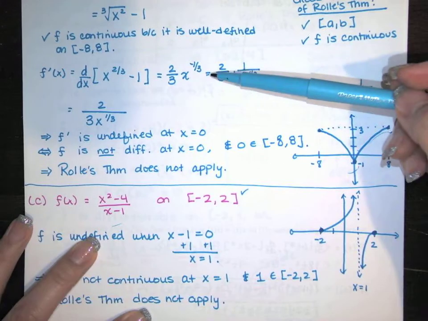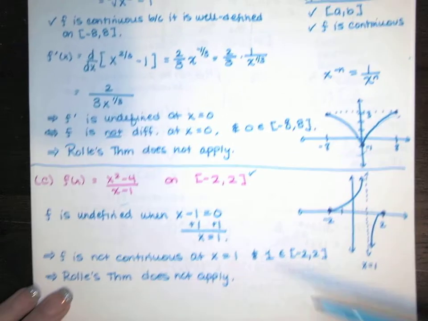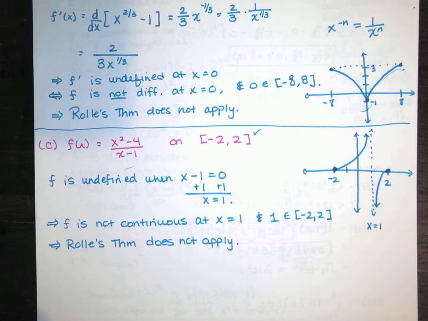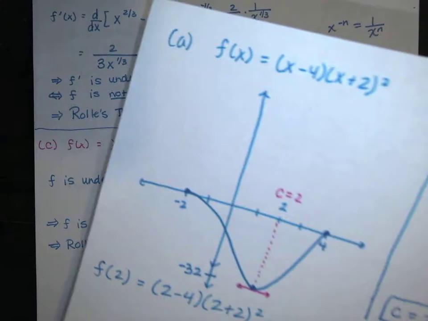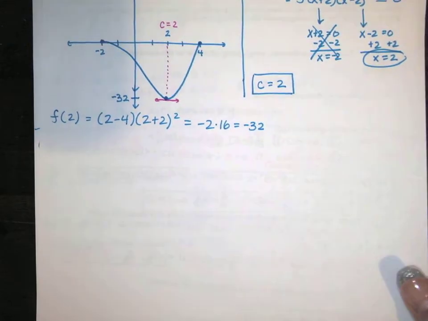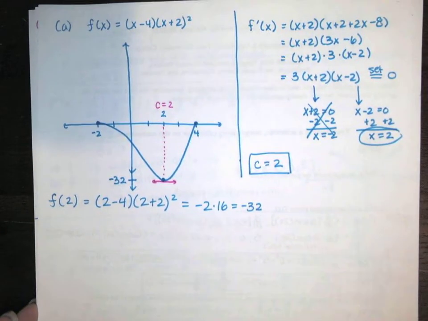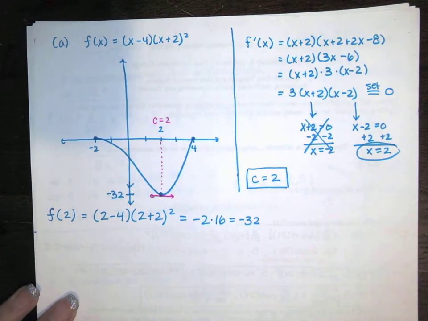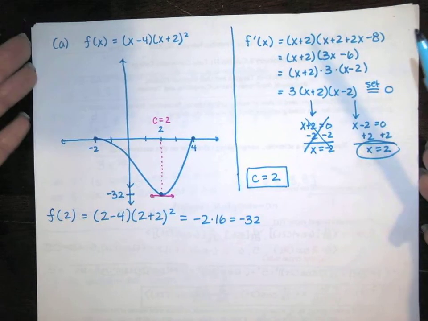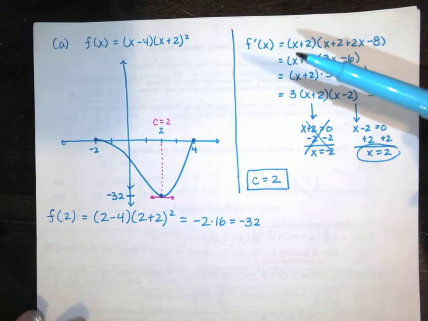So if the function fails to be differentiable, we've got a problem. If the function fails to be continuous, we've got a problem. And then let's look at that last example again. This is a polynomial function, and there are going to be other functions that have the same properties.